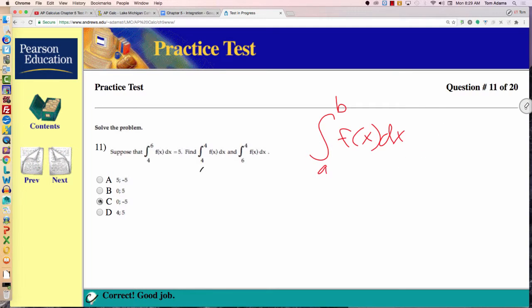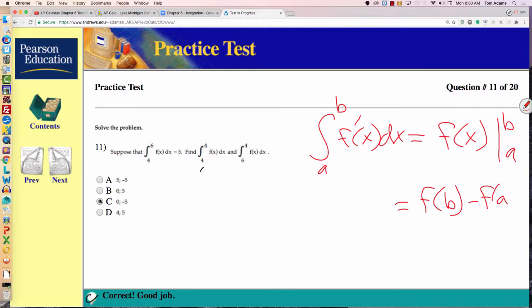Let's just give it a value, some constant c. It doesn't have to be a constant. It could be anything. So let's do f prime. Well, that would be some function of x, evaluated from a to b. That looks like this: F of b minus F of a.